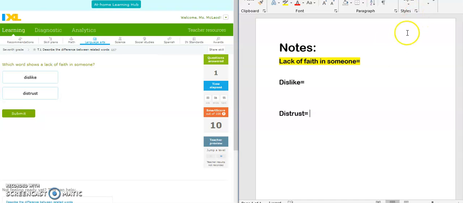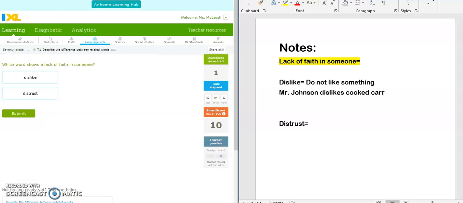So to find out which one has the meaning I'm looking for, since they both start with dis, which is not, we know from our root word practice that dis equals not. Let's look. So first, to dislike, do not like something. Mr. Johnson dislikes cooked carrots, which is true.